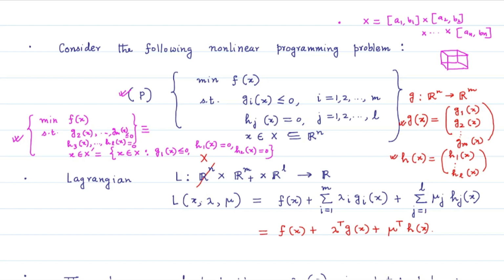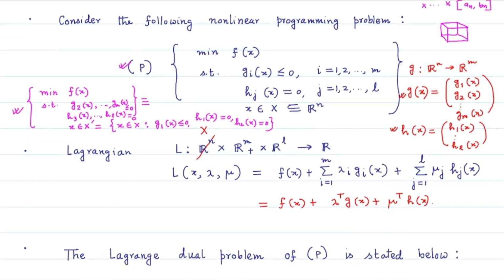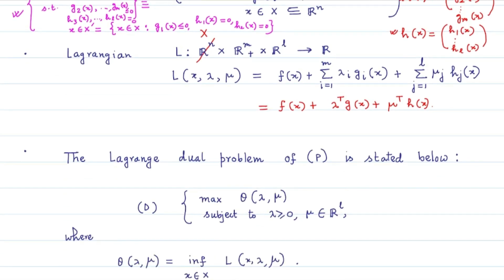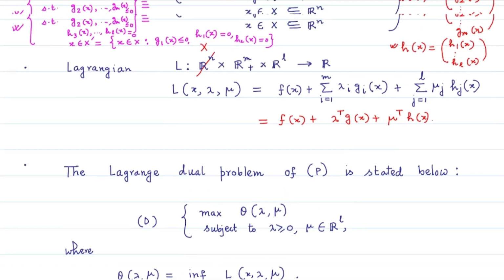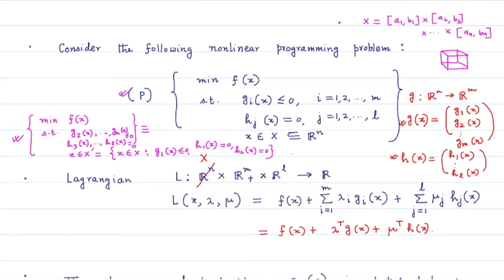So we get a new Lagrangian function, and if we take the infimum of the new Lagrangian function over the set X dash, we will get a new dual function theta dash of lambda, and we will find that this dual problem is completely revised compared to this dual problem when we treat the abstract set capital X as the set X dash.